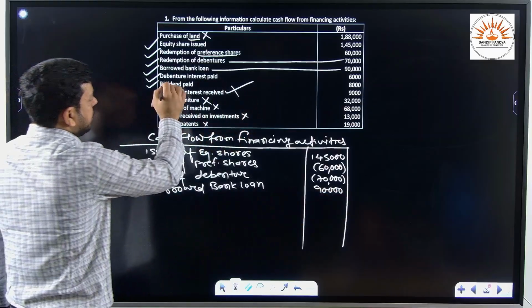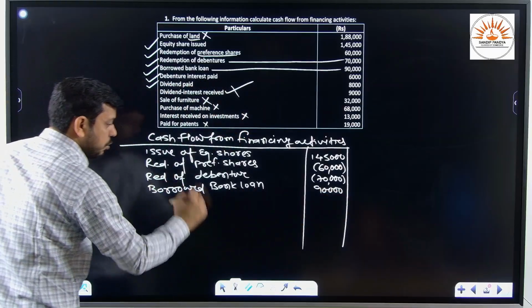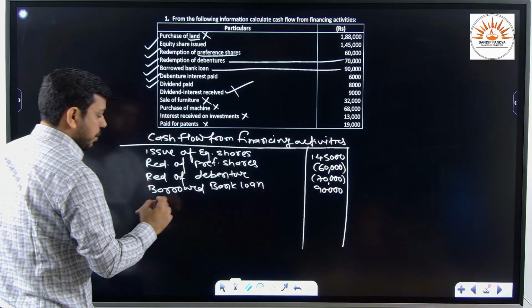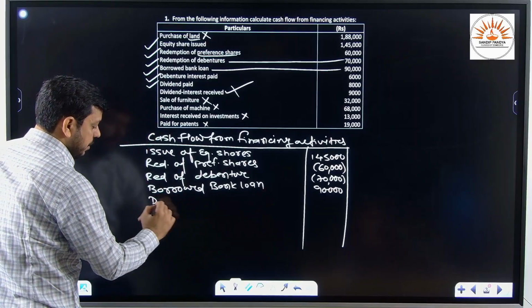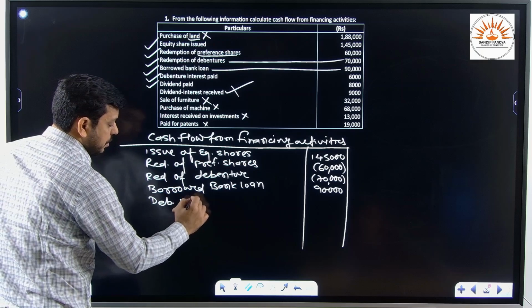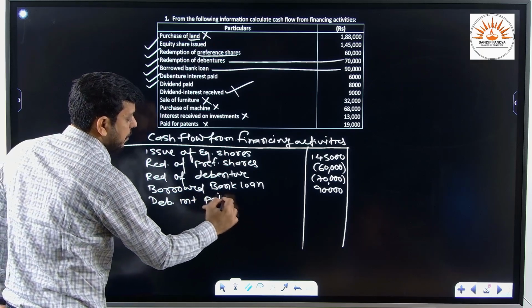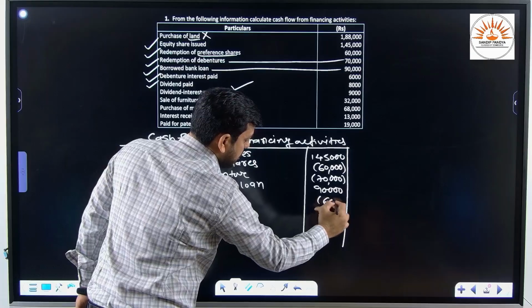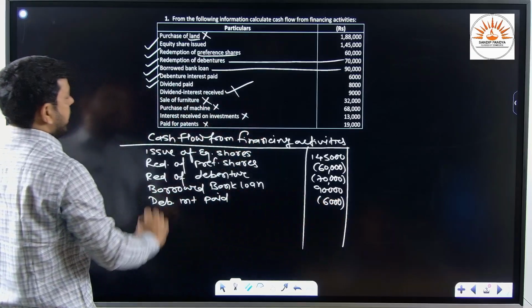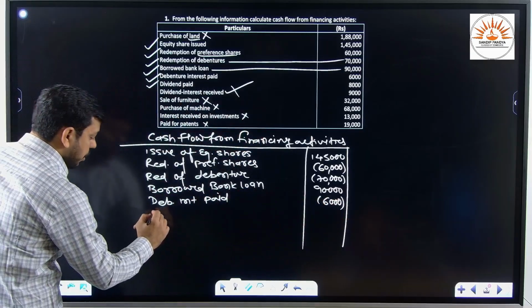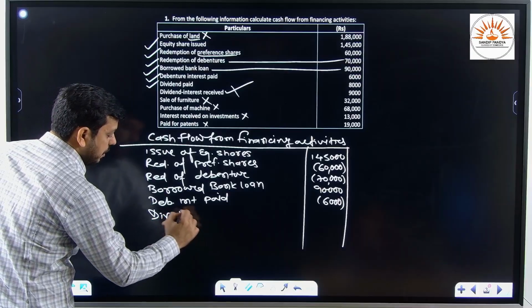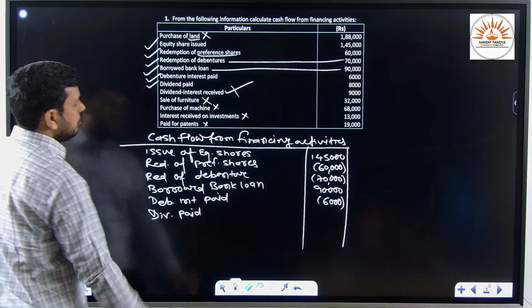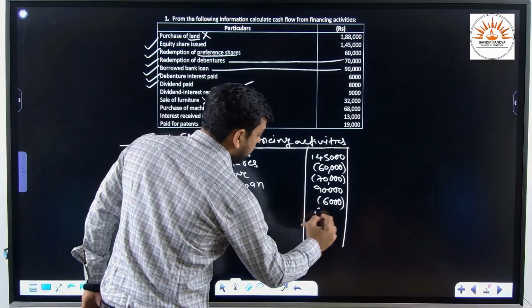And finally, debenture interest paid. Whenever we make a payment, it is a cash outflow. So we shall write debenture interest paid, that is rupees 6,000, that is also cash outflow. Next one is dividend paid, that is also our cash outflow. So dividend paid, which is rupees 8,000.